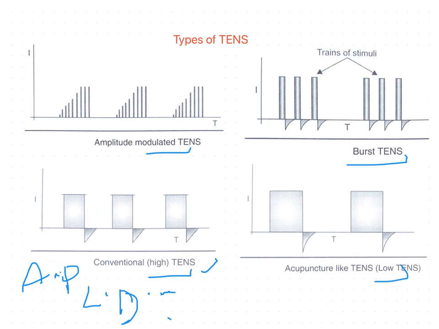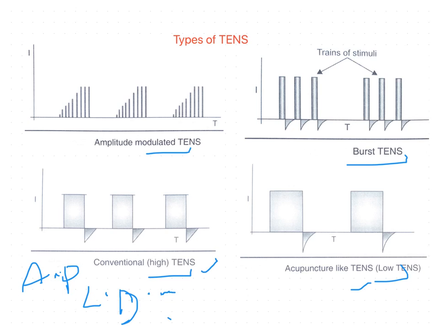Next type of TENS is called low TENS or acupuncture-like TENS. There is a common misconception that this mode derives its name from application over acupuncture points.